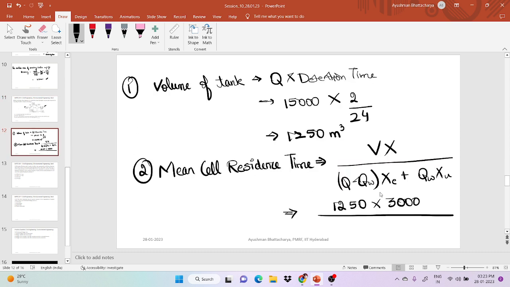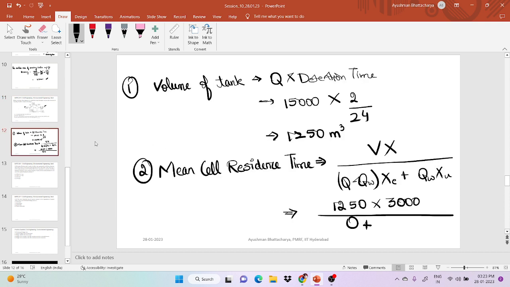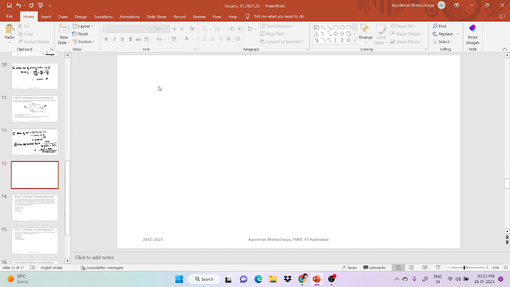So this term will come out to be 0. Plus QW is 50 meter cube, and XU is 10,000, so 50 into 10,000. Okay. So now MCRT, if you do the calculation, will come out to be 7.5 days.